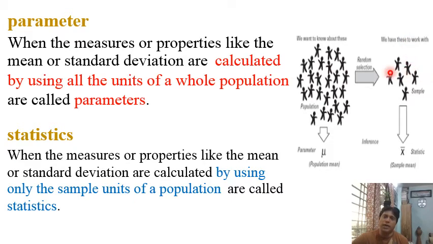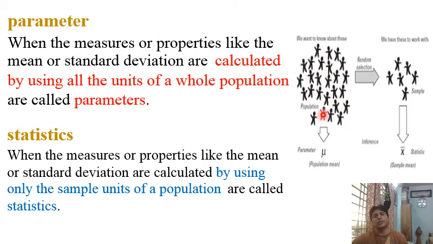So parameters are the measures calculated based on the population. If we calculate mean or standard deviation by using all these units, these measures are called parameters.